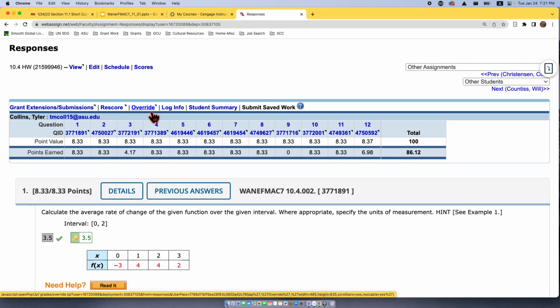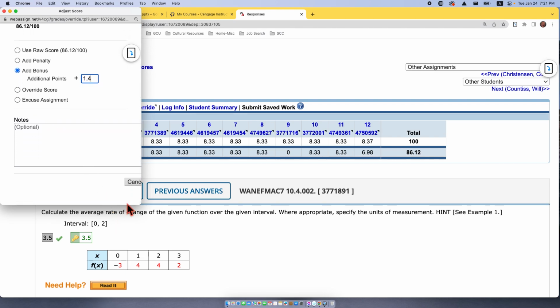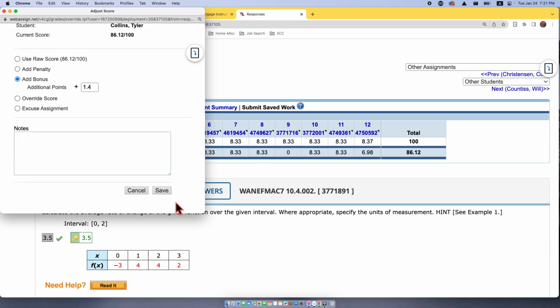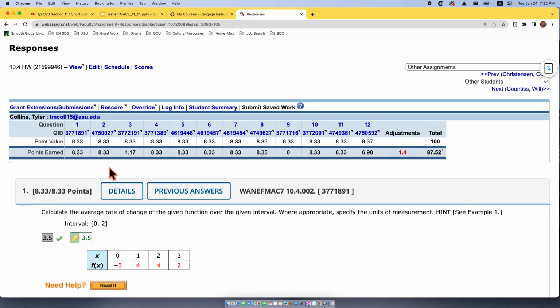Override. Yeah, I get you almost there. Yeah, this doesn't let me go in and change that particular score, but I can add a bonus, so we put it on.